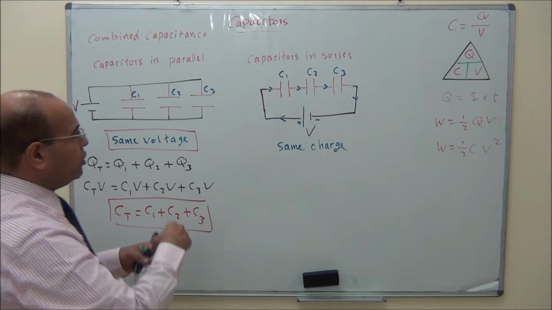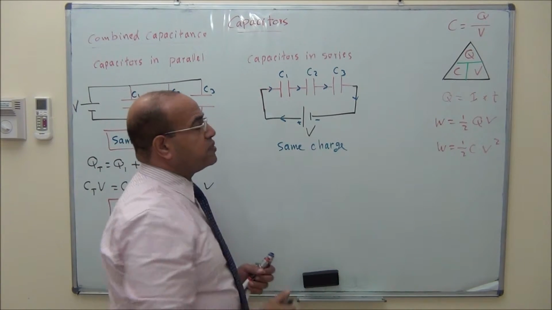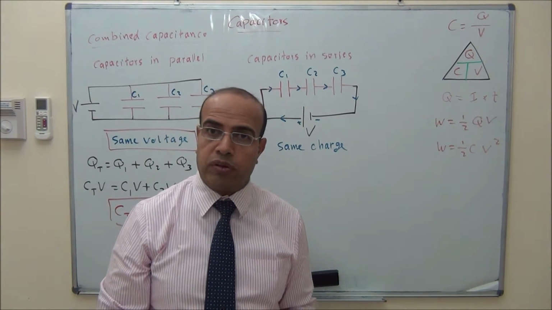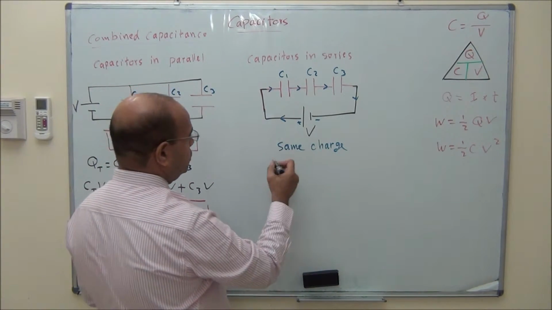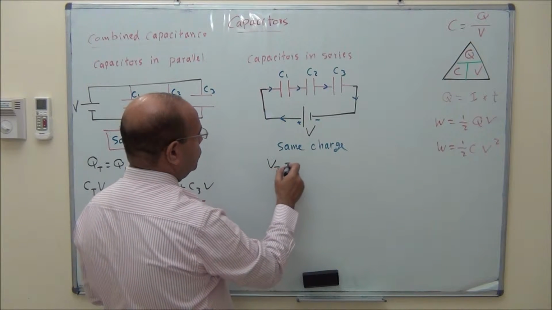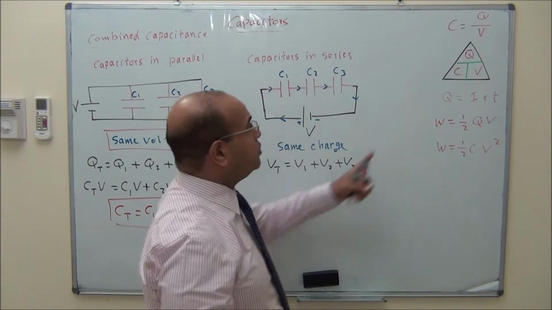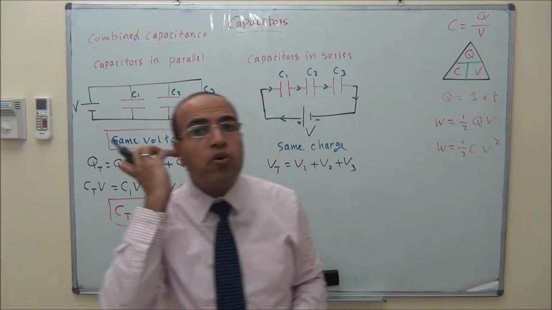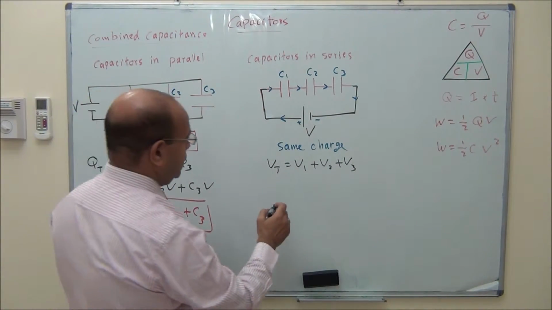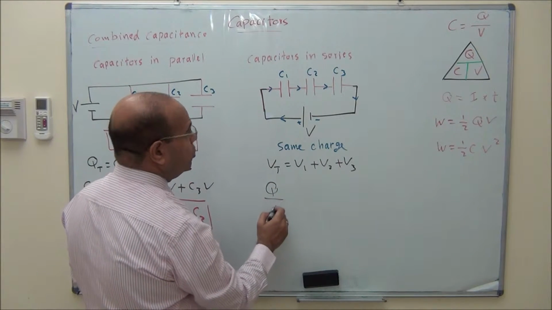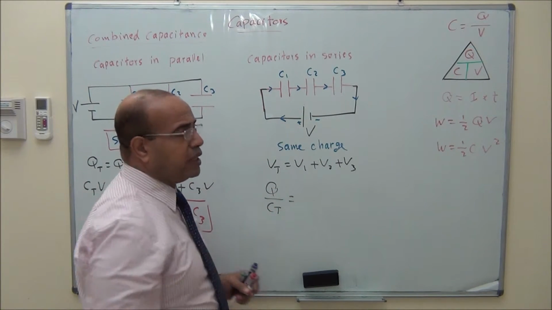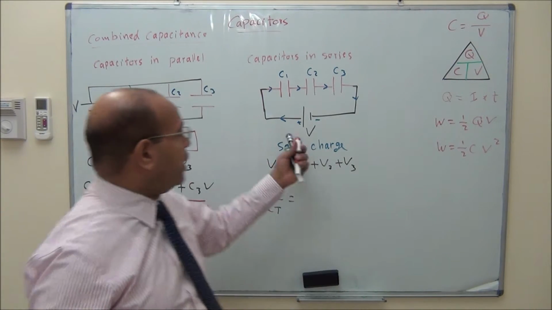Now, in case of the same charge, in case of series, we have different voltages. So we can say V total equals V1 plus V2 plus V3. What about V equals Q over C? So V total is Q over C total. We don't say Q total because it is the same charge.